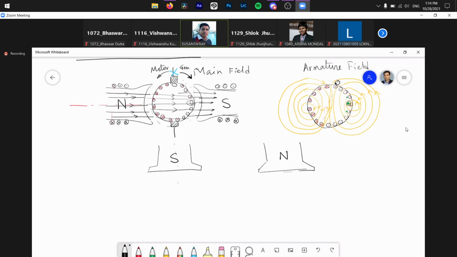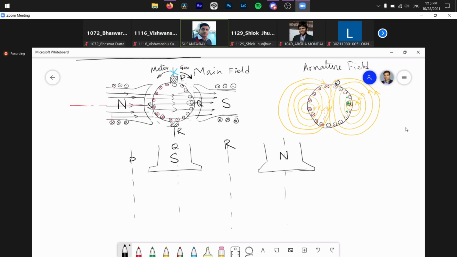Okay, so let me write some points. Suppose P, and this point is Q, this point is R, this point is S. Okay, so I am cutting at P. So suppose this point is your P point. The center of this is Q. At this point, this is R, because that is another neutral.